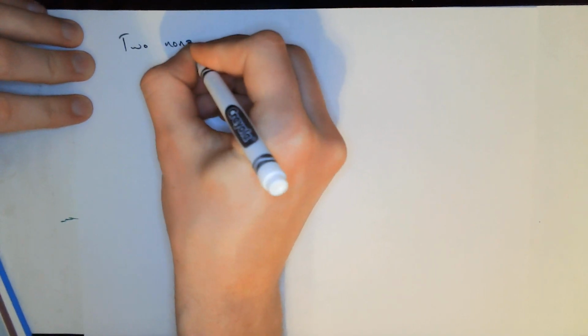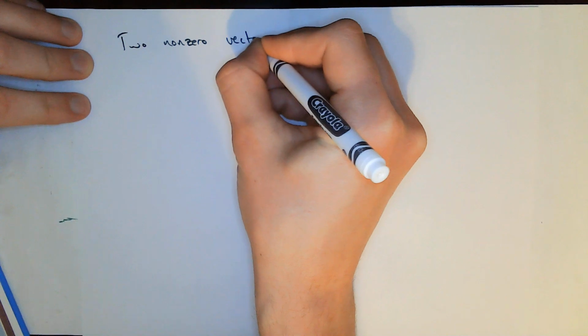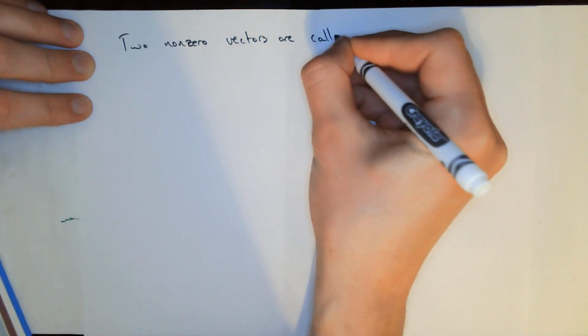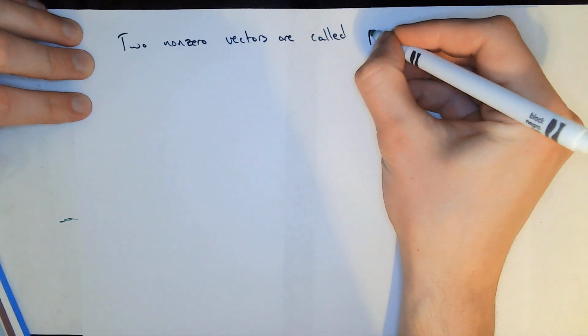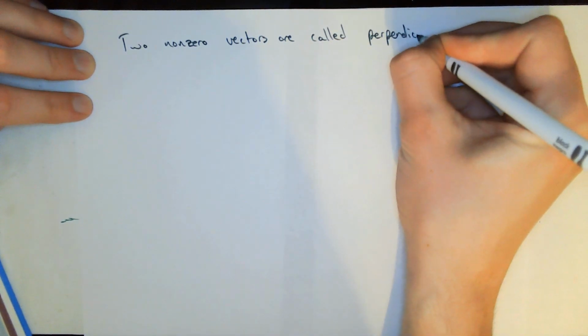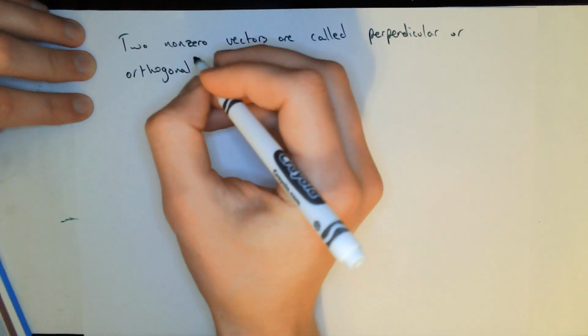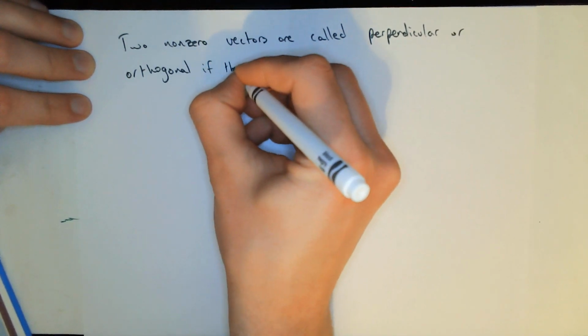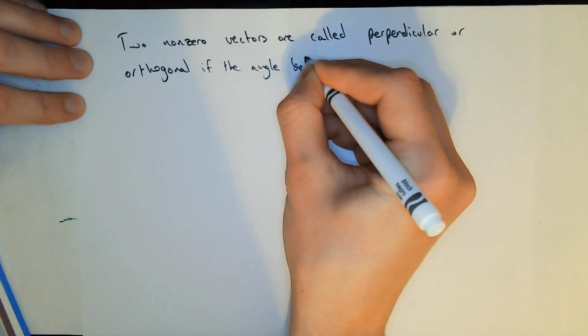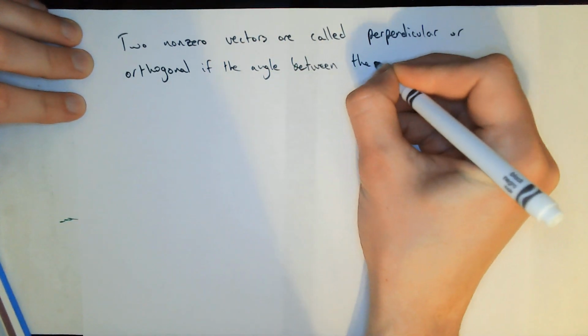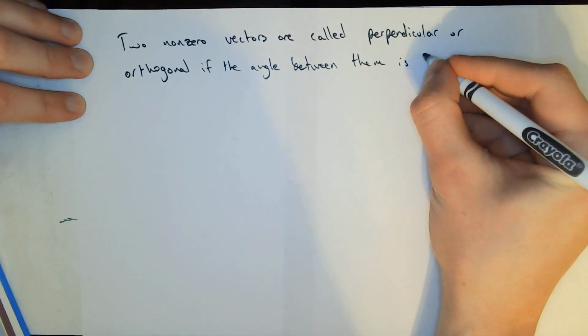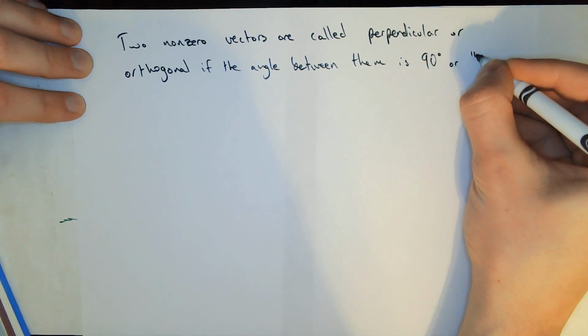Here's a cool fact. Two non-zero vectors are called perpendicular or orthogonal if the angle between them is 90 degrees, or pi on 2.